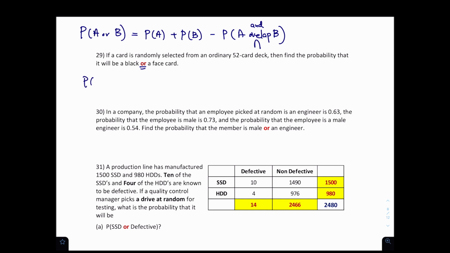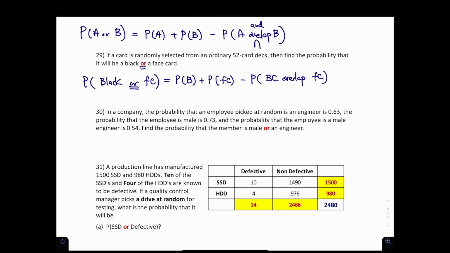Find the probability of getting a black card or a face card. Using the addition rule, I define this as the probability of getting a black card plus the probability of getting a face card minus the probability of getting a black card overlap face card.